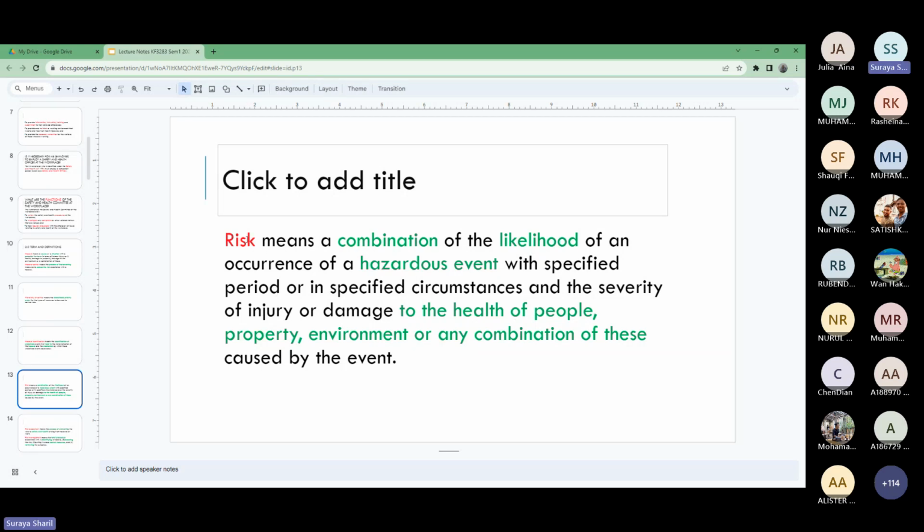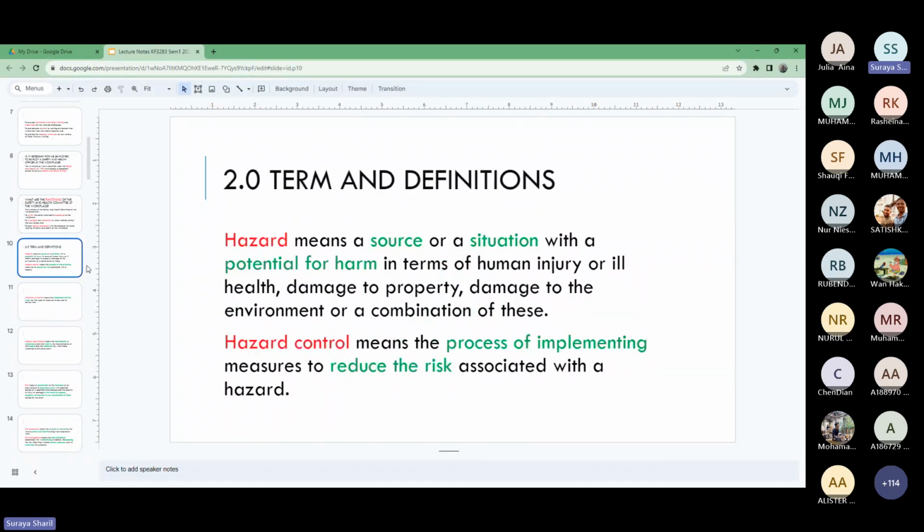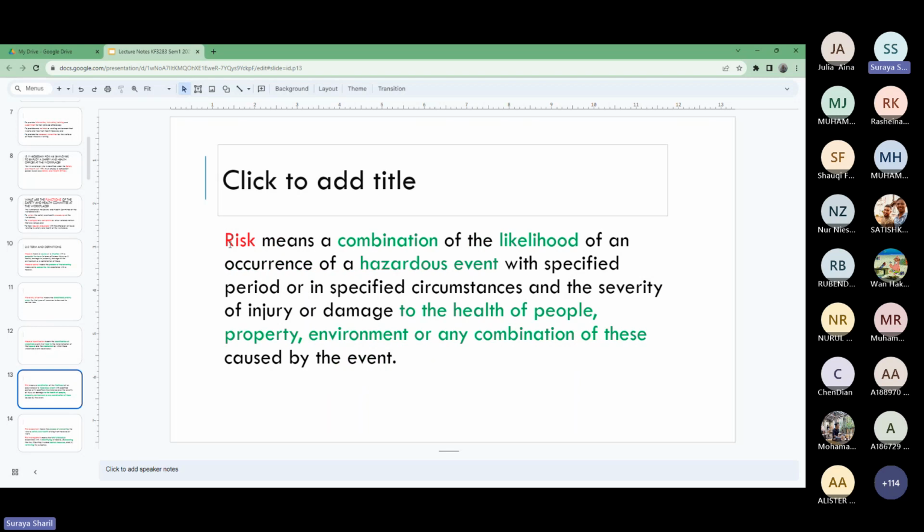So as you can see, there are a few important terms here, which are likelihood, and also another one, which is severity. So we have at least two important terms and definitions. One is hazard, and the other one is risk. So risk is a combination of hazard.